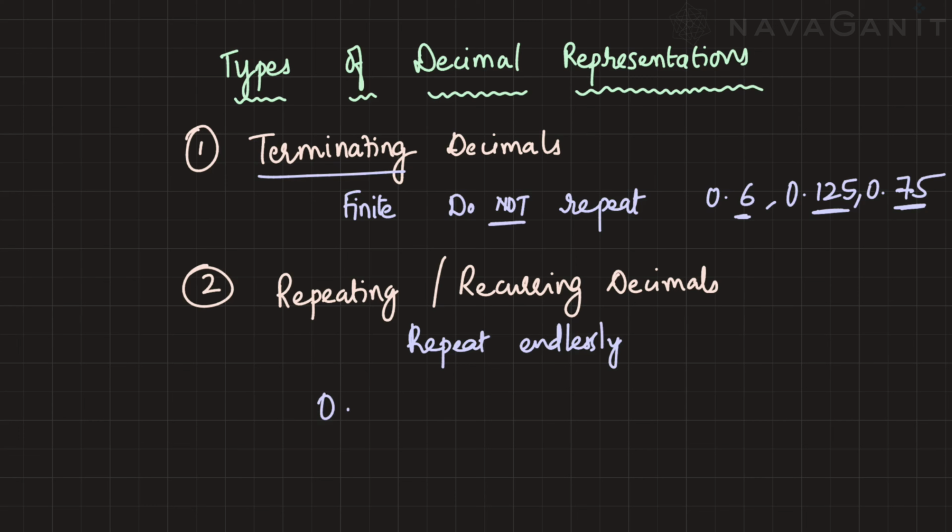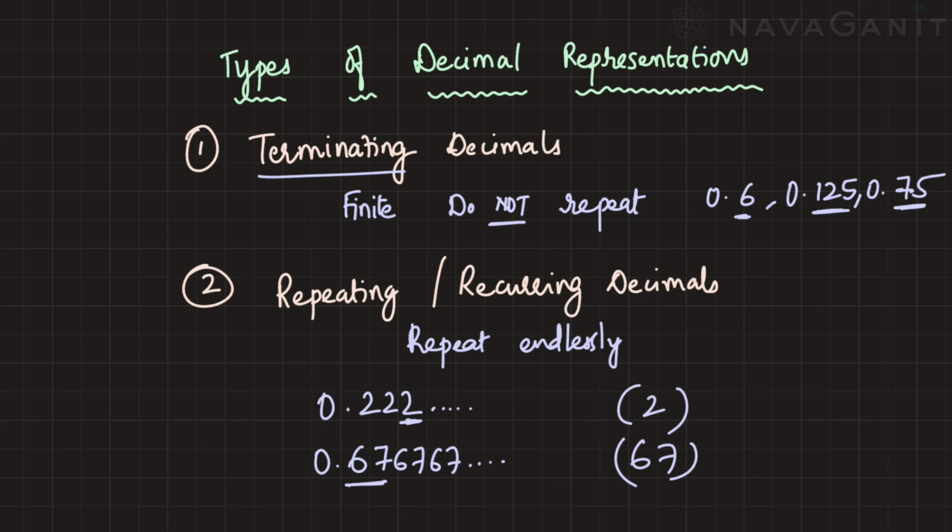Say we have 0.222, so on. So here 2 gets repeated infinitely. Similarly, say we have 0.676767 and so on. So in this, the block which is getting repeated is 67. So 67 is a block which is getting repeated infinitely. In 0.222 it is 2 which is getting repeated infinite number of times.